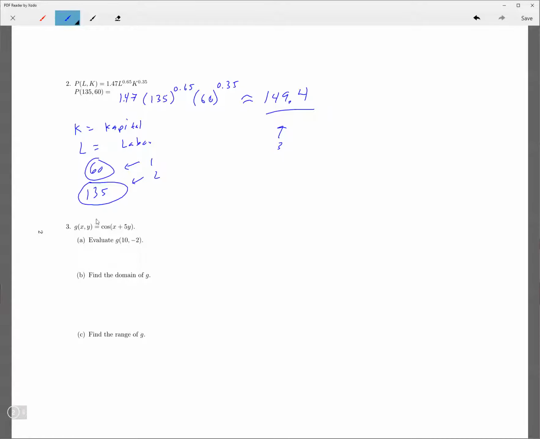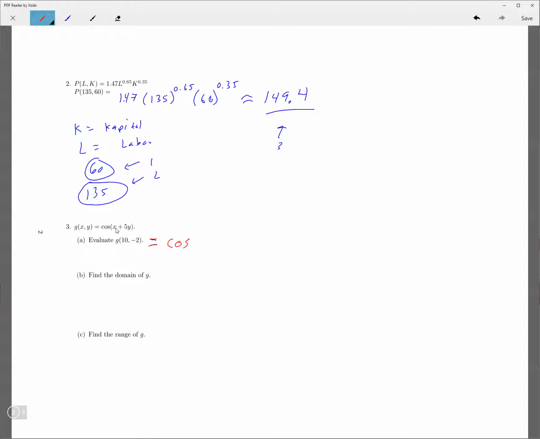Number 3, evaluate. Okay, so here we have g of x, y is cosine of x plus 5y. Evaluate g of 10 comma negative 2. Okay, so that's going to be, you're replacing, so it's x's first, then y.